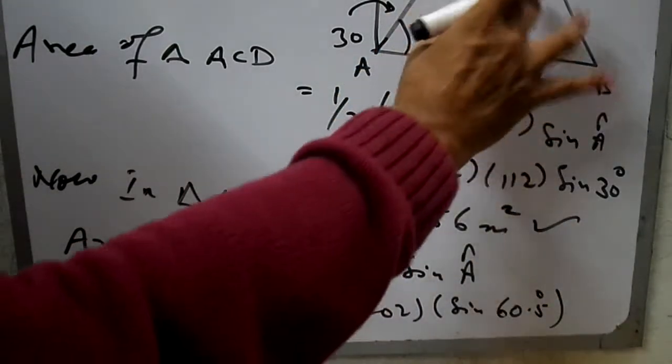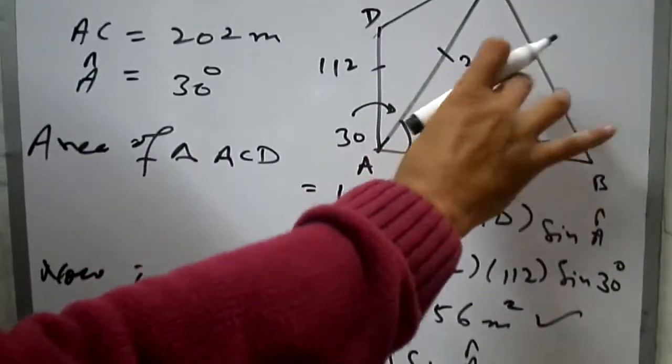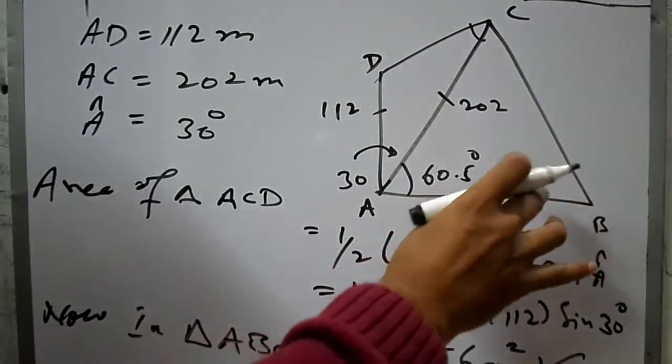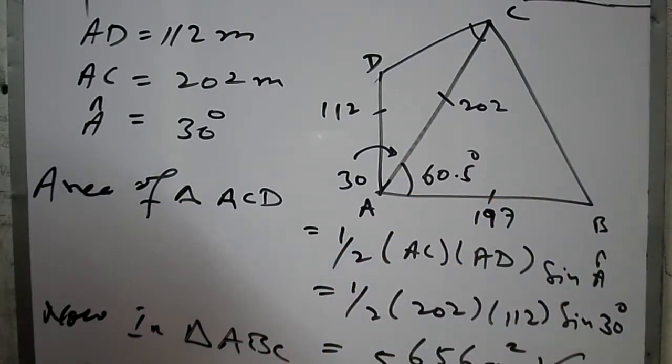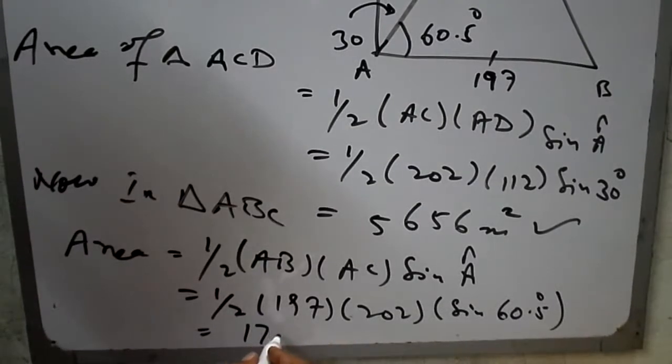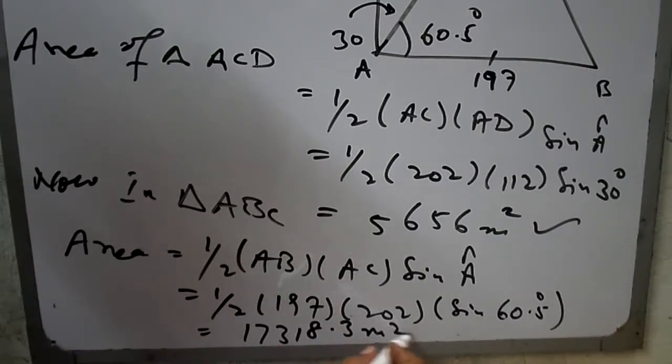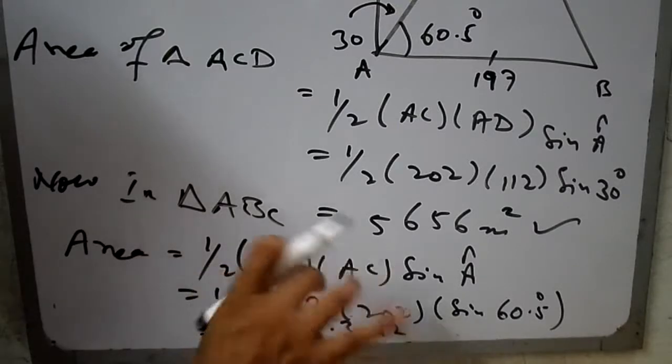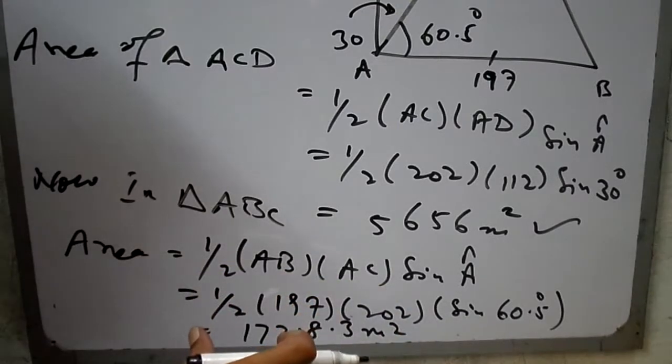So when you take this triangle, you have two triangles. First we have calculated the area, and in the second triangle when we calculate the area, it will give you 17,318.3 meters square.